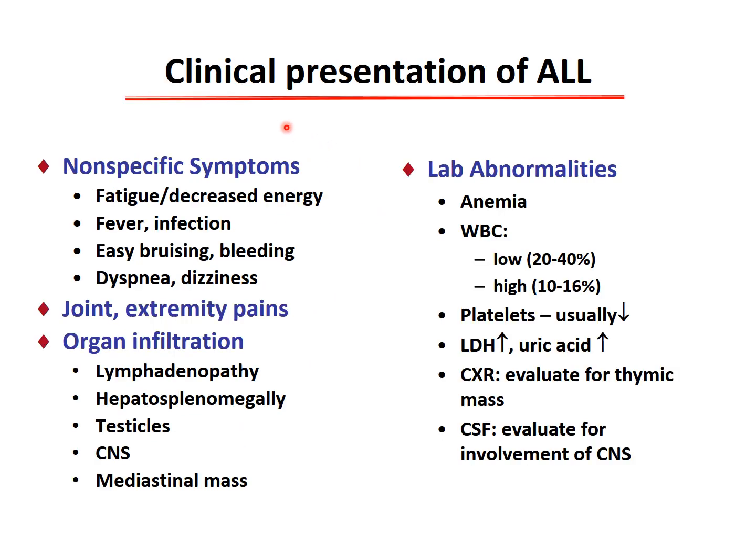Now let's see the clinical presentation of this acute lymphoid leukemia. There are some specific symptoms and signs that are usually due to the accumulation of the lymphoid cells and the altered cellular response, such as fatigue and decreased energy. That is due to anemia.